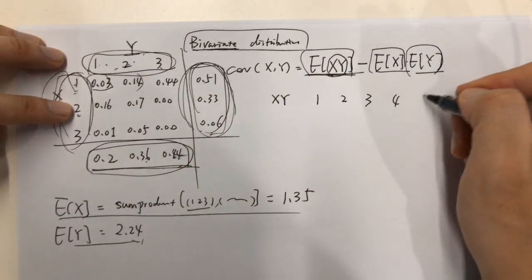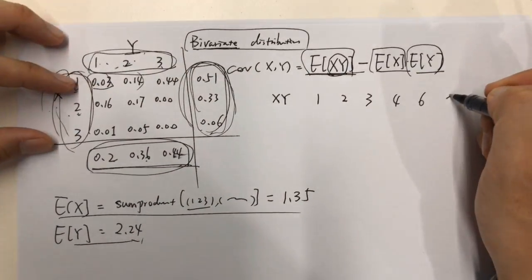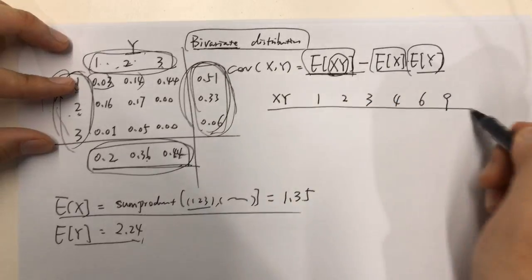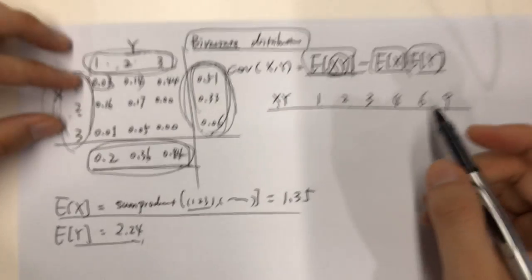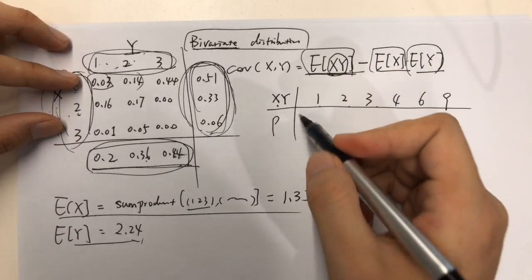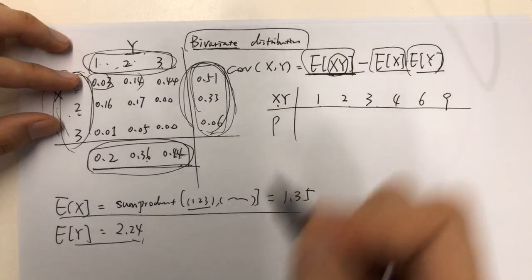And 2 times 3 or 3 times 2 is 6, and 3 times 3 is 9, right? So we've got possible values of xy: 1, 2, 3, 4, 6, 9. Then we need to find the probabilities of each in order to get E[XY], right?